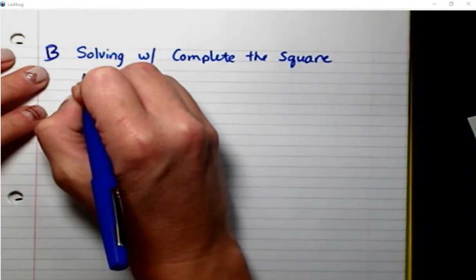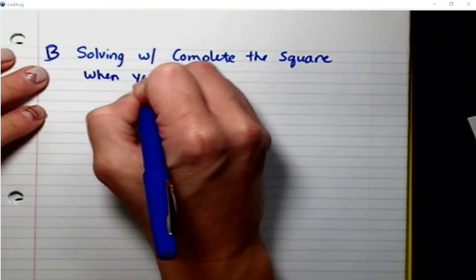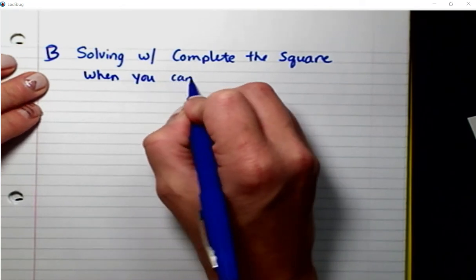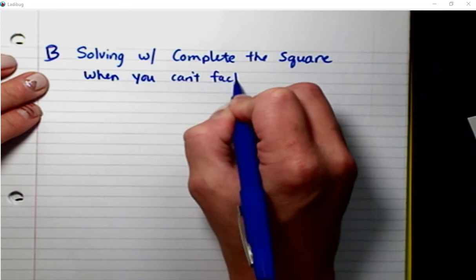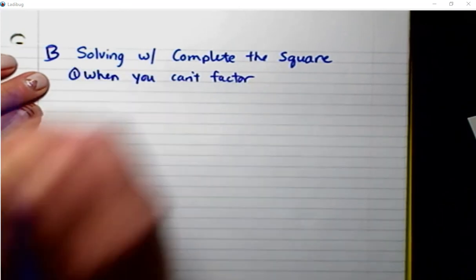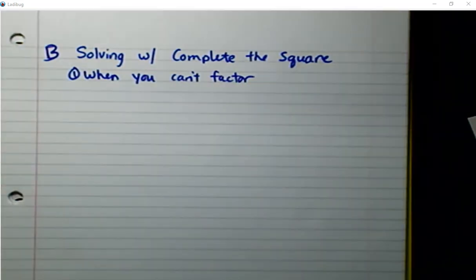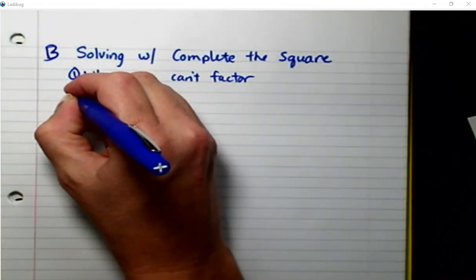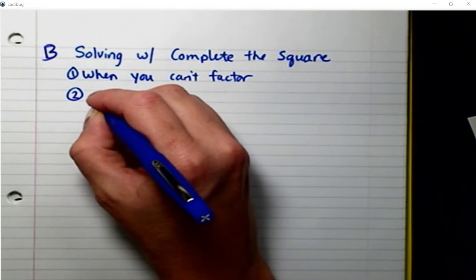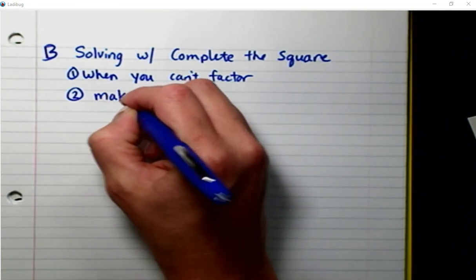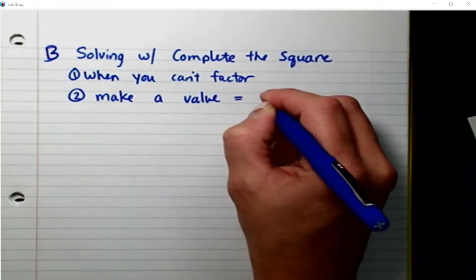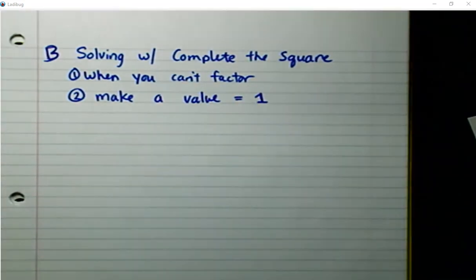So, when you can't factor, first thing, if you can't factor, then this is what you're left with. Make a value equal to 1 because it works best if there is a 1 in front.